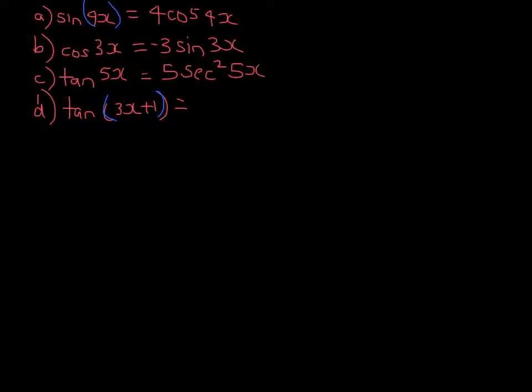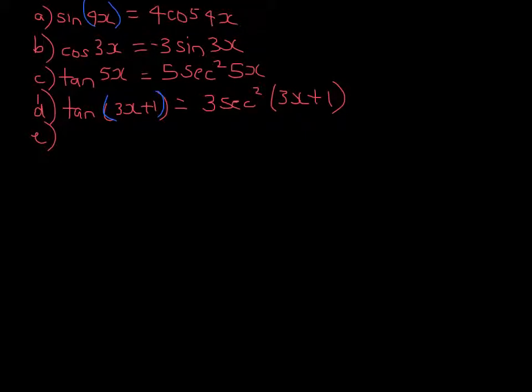So derive what's in the brackets. 3x plus 1, the derivative of that is 3. If it's anything more than one term, please put it in brackets as well. So it's 3. The derivative of tan is sec squared. And we rewrite what's in the actual brackets now.